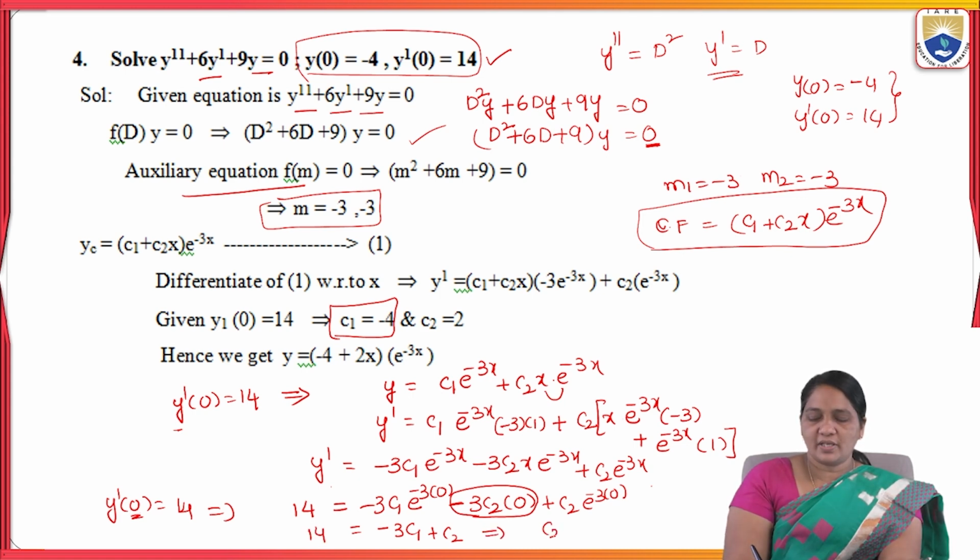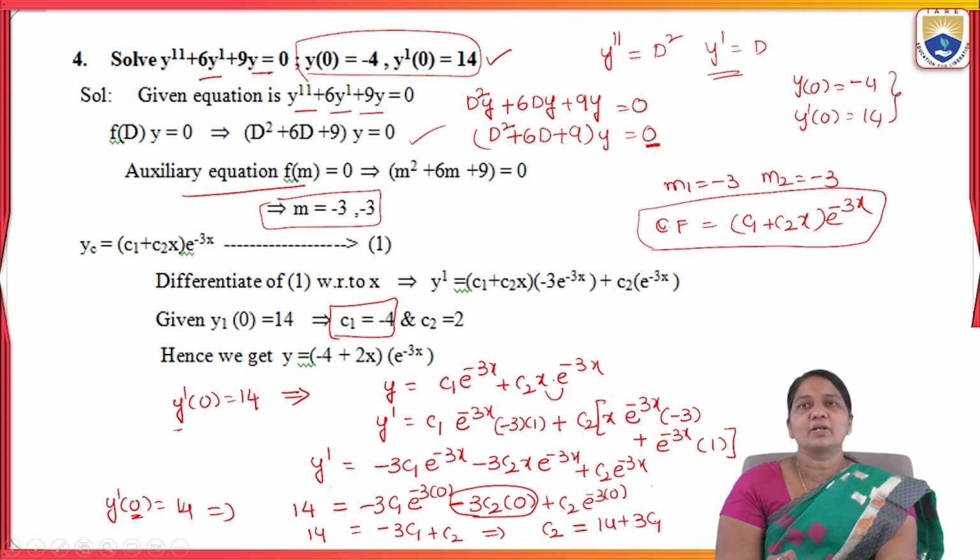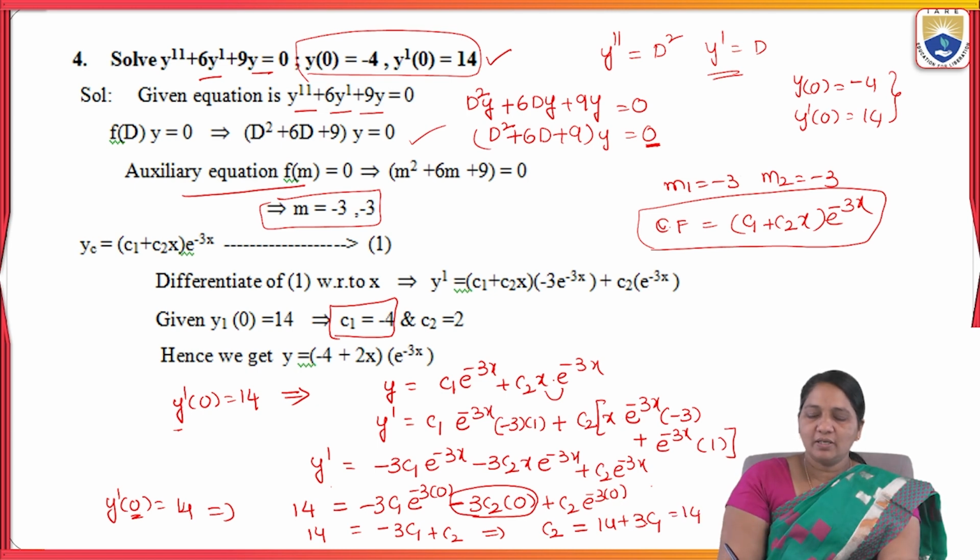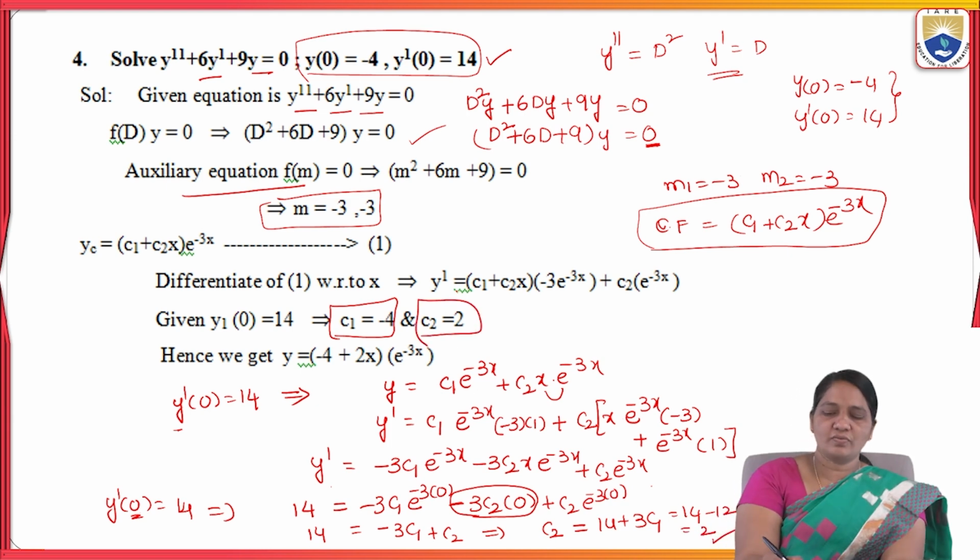So from this I can write C2 = 14 + 3 C1. Substituting, 3 into -4 is -12, so 14 - 12, and the C2 value is 2.